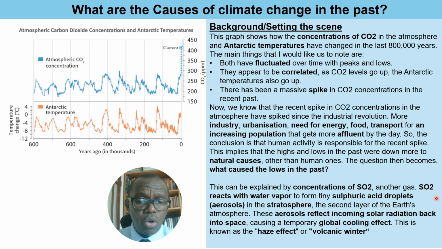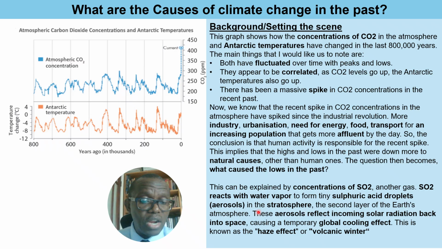So SO2 plus H2O, which is water, produces H2SO4, which is a dilute concentration of sulfuric acid. And that's what we are talking about here as acid droplets, which are referred to as aerosols.